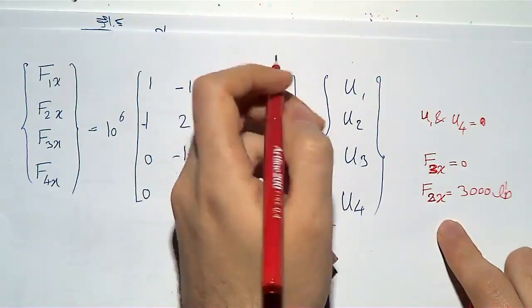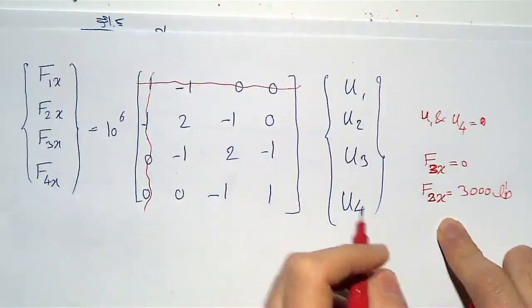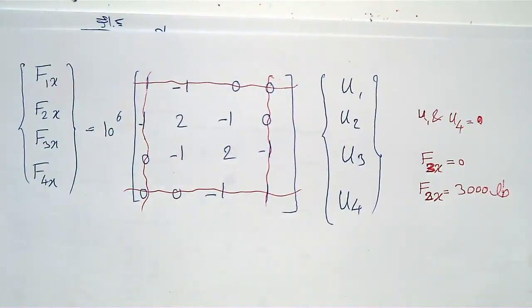All right, let's do it together. This is gone. Don't need you. Don't need you either. Right. Then just make it very simple to a 2 by 2 matrix.